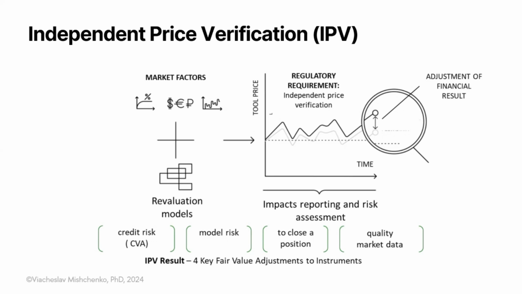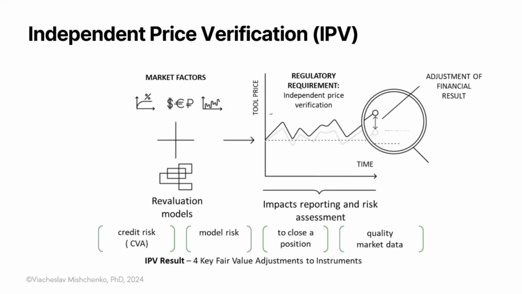First of all, we have to review our valuation models to ensure they are theoretically sound and implemented correctly. And then we have to check the market factors that go into these models. For example, things like interest rates, volatilities, and correlations.